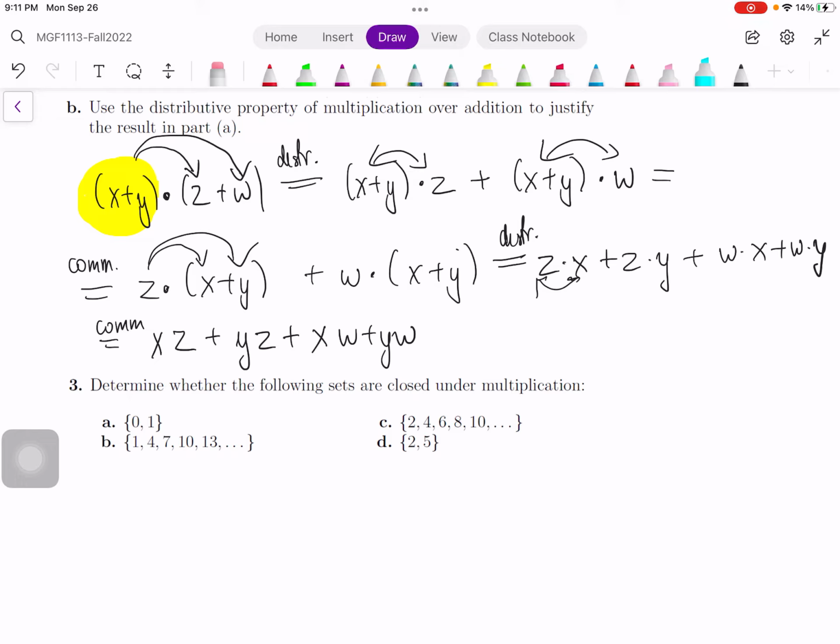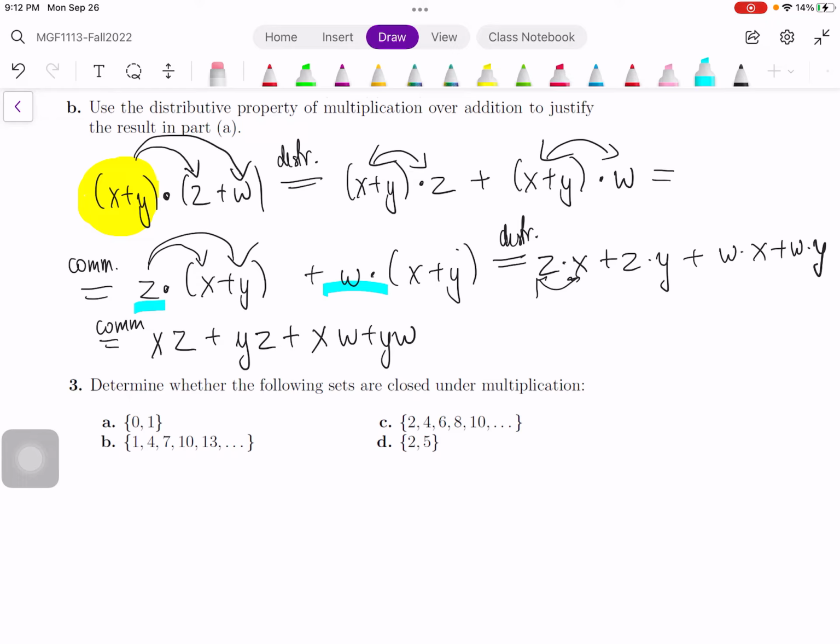But in fact, I know I have commutative property, so if it was behind, I could distribute it too. But sticking with those rules, I distributed, and then again I flip the order so that number is in front. I distributed again, and then I had to at the end flip the order of all the terms.